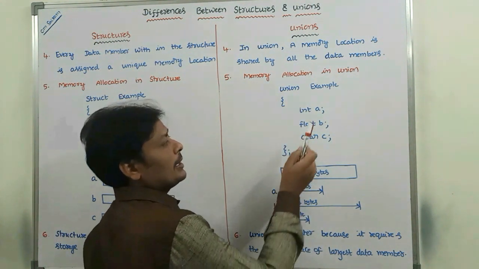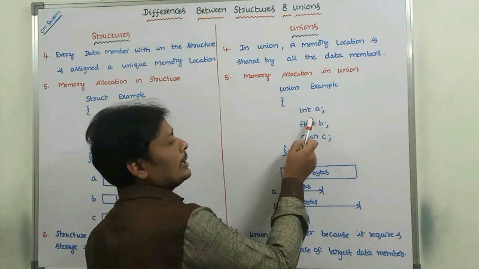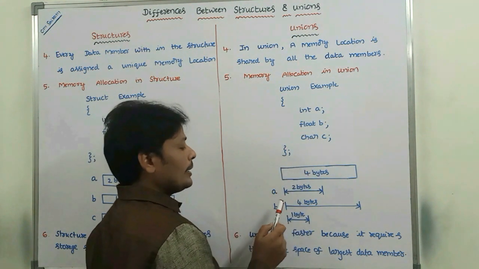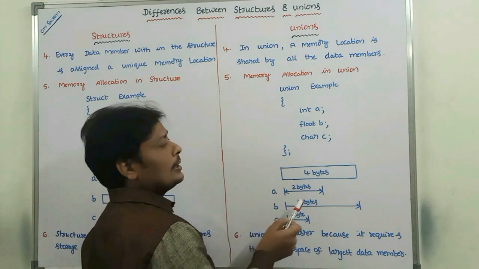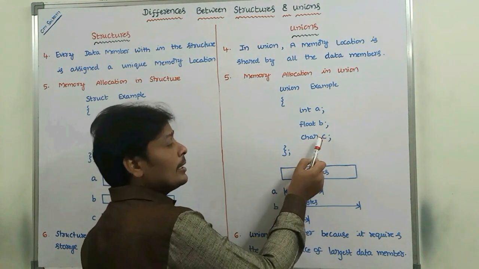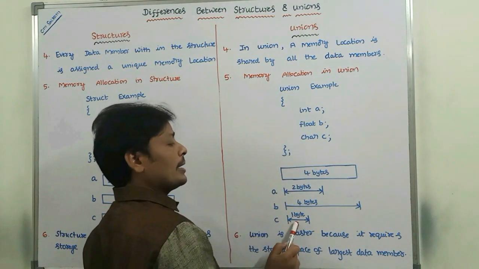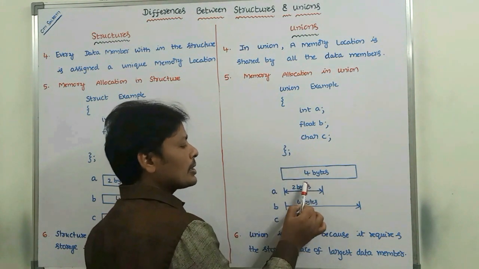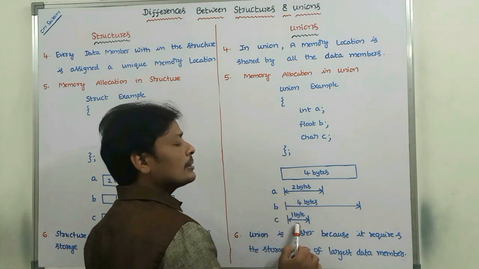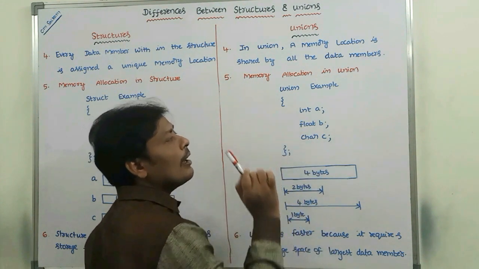Data member B, its data type is float, it occupies 4 bytes. Data member C, its data type is char, it occupies 1 byte. The same memory location is shared by 3 data members within the union.